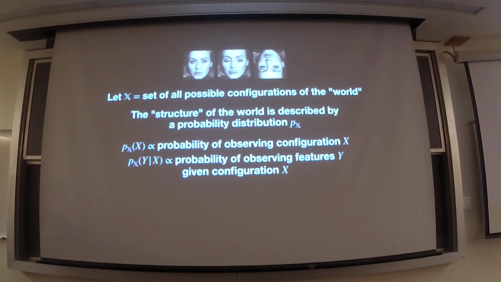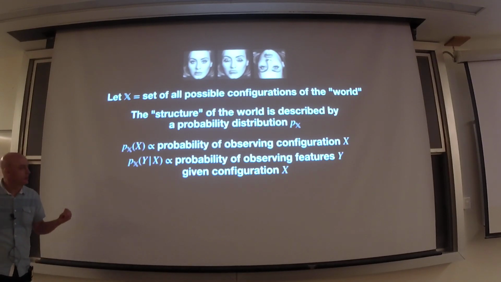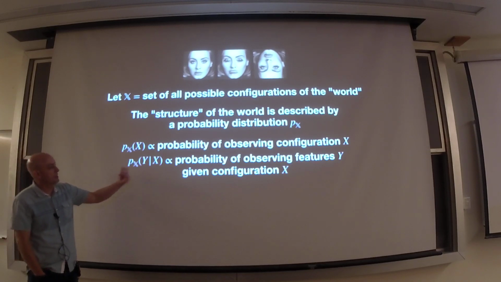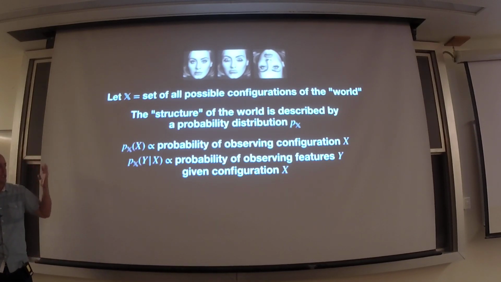We are often interested in these kinds of questions about our world. What's the probability of observing a particular set of features, which we're just calling Y here, given a particular configuration? We might want to know, does this person have long hair or short hair? Or is this person a celebrity or not?